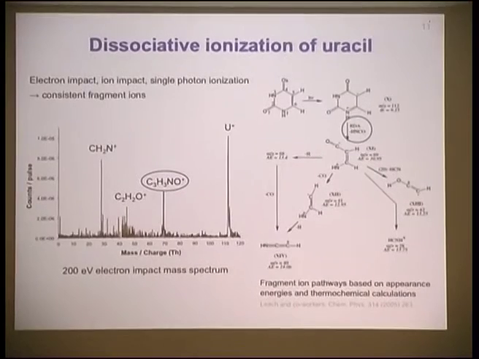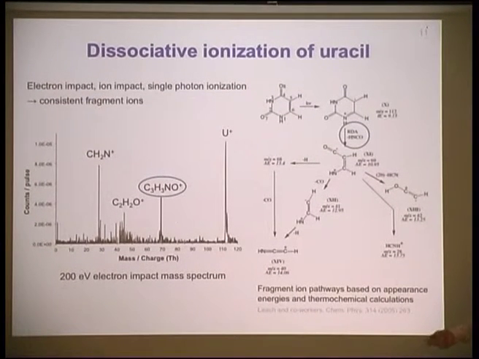What's actually quite convenient for our experiments is that all of the strong fragment ion pathways in uracil produced by electron impact ionization begin with neutral HNCO loss, and then you have sequential fragmentation processes following that.